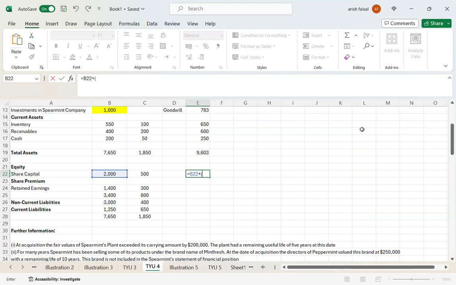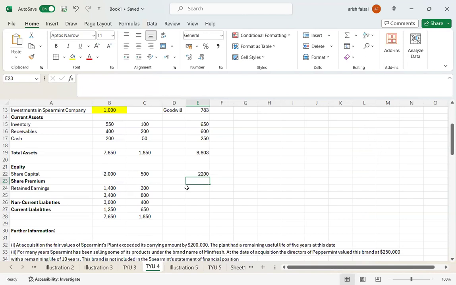So that is 200 into 1, so that is 200. So total turns out to be 2200. But for the share premium, you have to do 200 multiplied by 0.8. That's the difference between the market value and the nominal value. So you get a premium of 160.